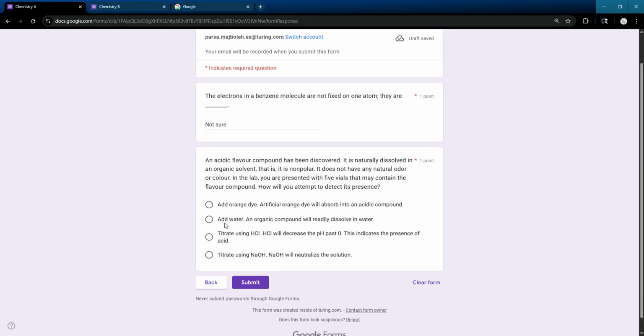I would try to add water. An organic compound will rapidly dissolve in water. Add orange dye. An artificial orange dye will absorb into an acid. Interesting. So these are some chemical reactions that are shown to prove the concept.